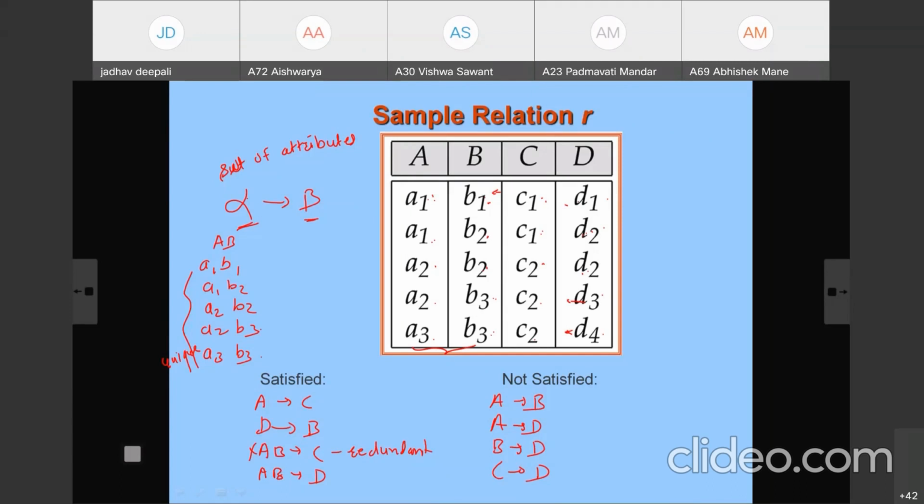We are going to see afterwards in the example of full functional dependency and partial functional dependency. In that case, I am going to show you why it becomes redundant.